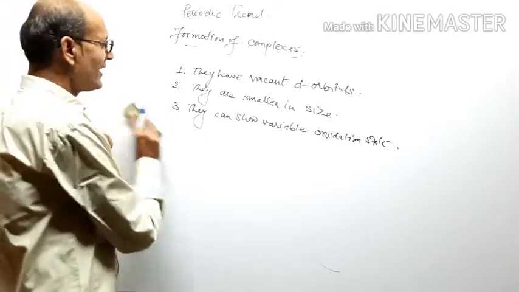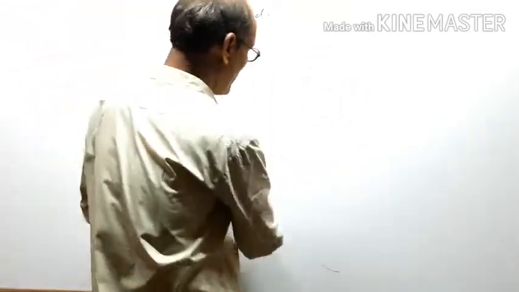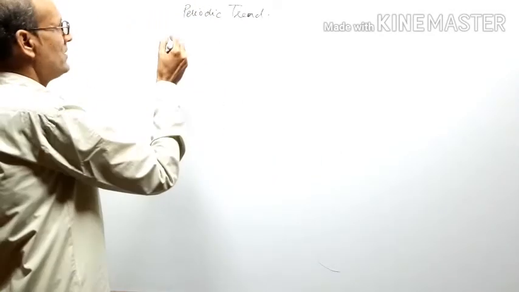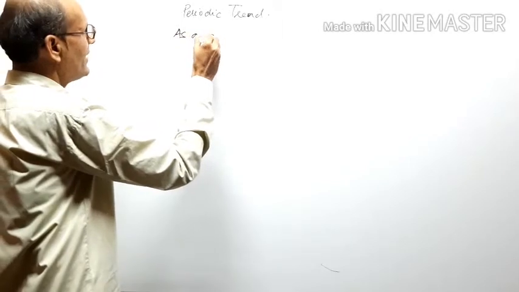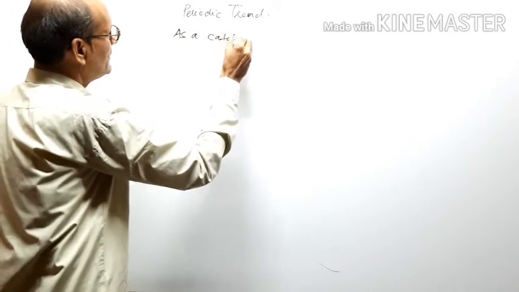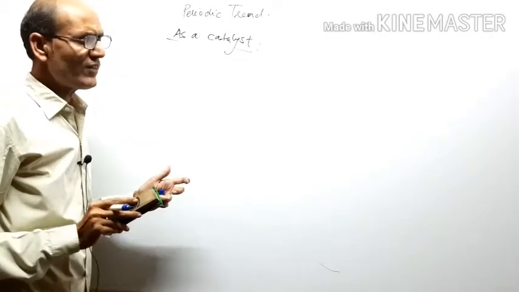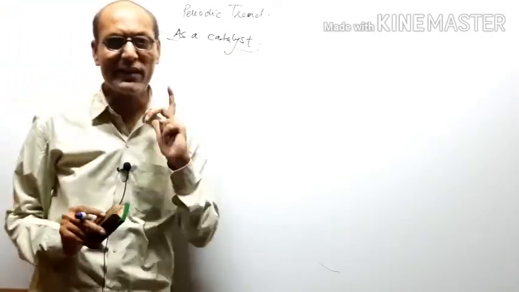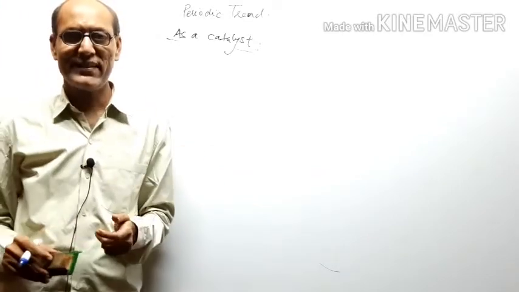Now moving towards the next point, that is as a catalyst. Most of the d block elements or the oxides of these metals behave like catalysts.